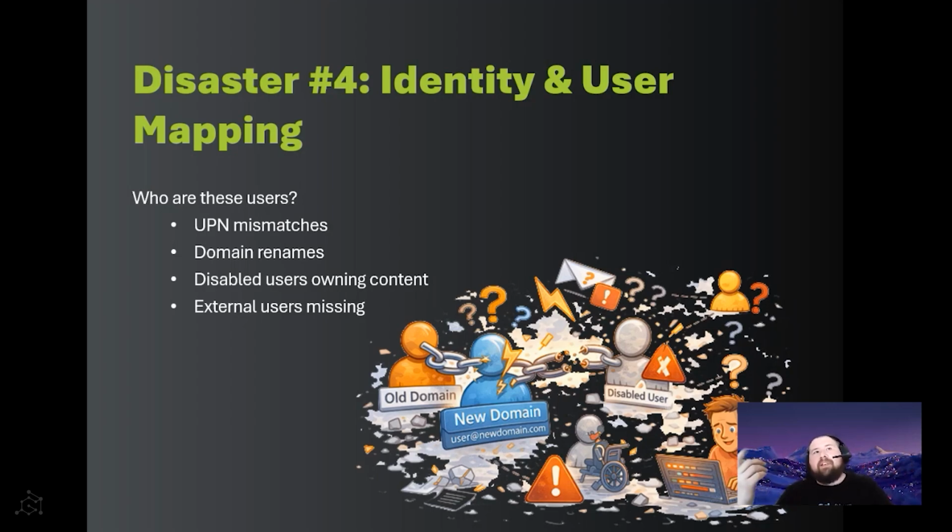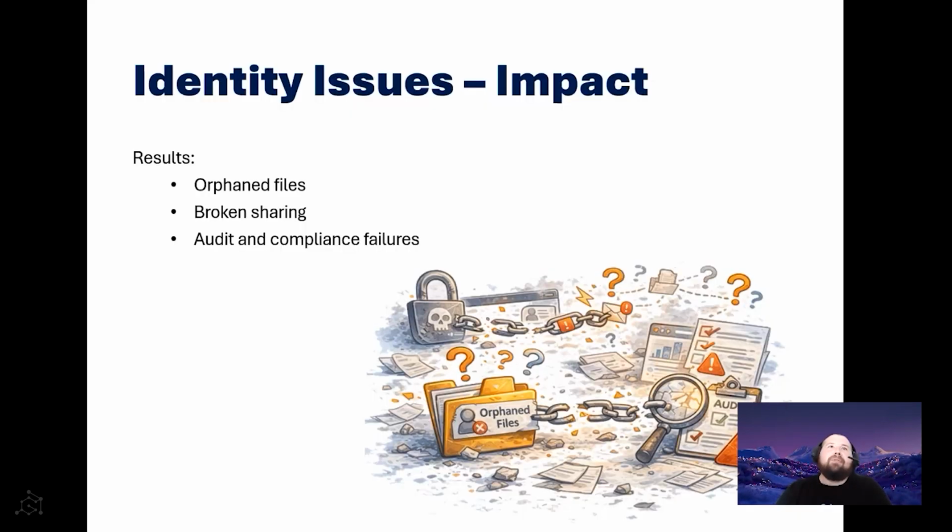So any domain references you might have for files living online or anywhere else, those will fall away. Users that have ownership over files and content become orphaned. External users go missing because you've copied from the old location into the new location, the user has the external link to the old location, that doesn't update, that doesn't change, and they can't access that data anymore.